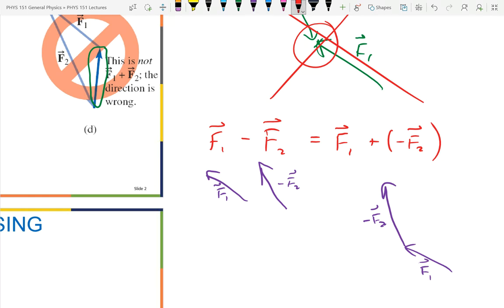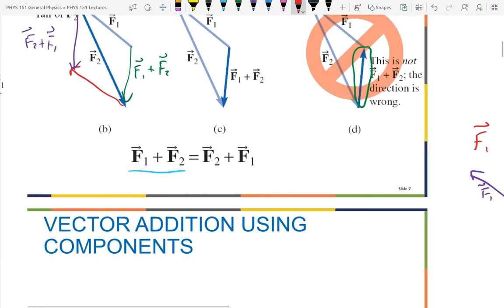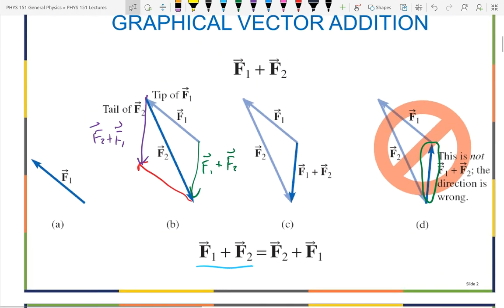And so then my resultant is like that. So that's how we subtract. When you think about it, it's really elementary. But you have to at least have the idea, or else you can just be off there like, I don't know what to do. I've never subtracted vectors before. So that's the end of my explanation of graphical addition.